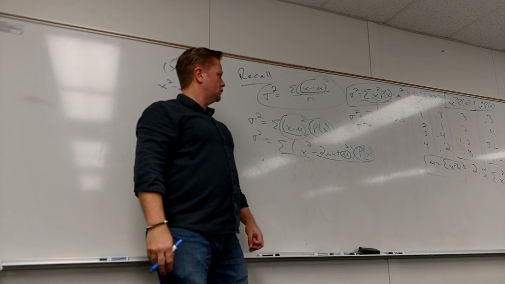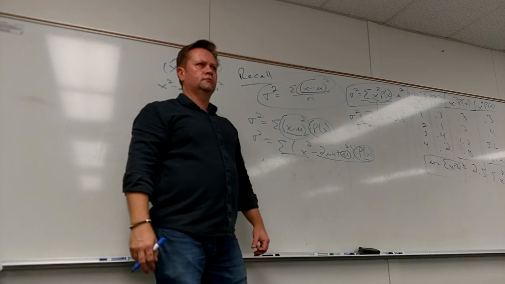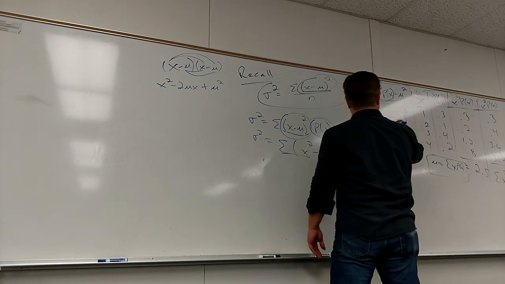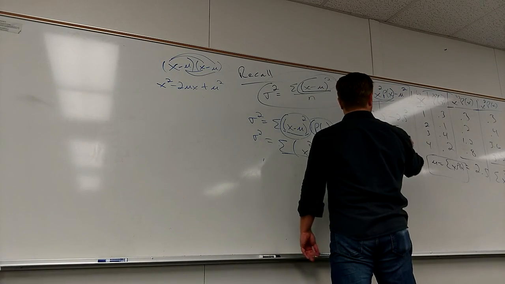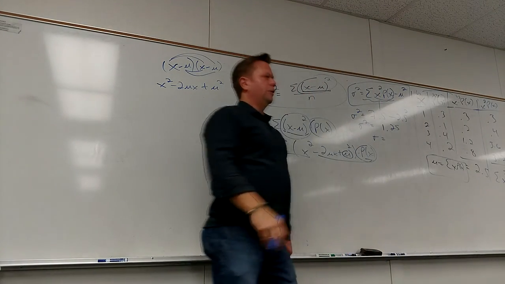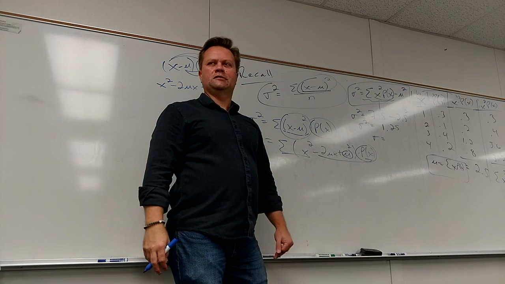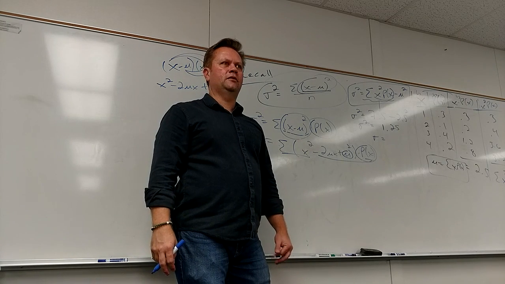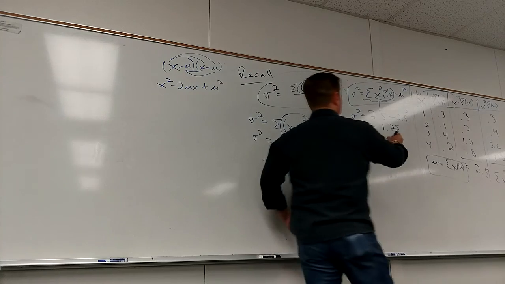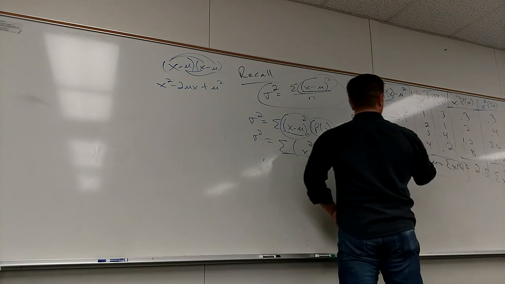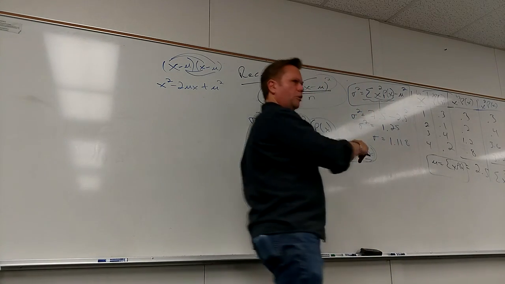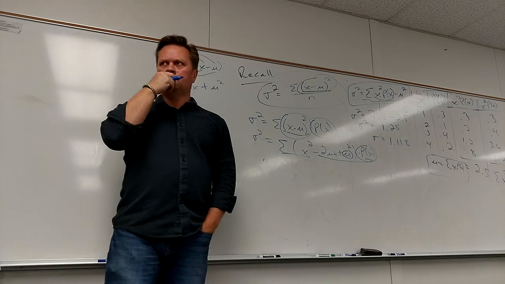Is that 1.25? Yep. And then sigma is going to be like 1.17. I don't know. 1.118. Okay, I can look at that. Remember, always round that to at least 3 places.